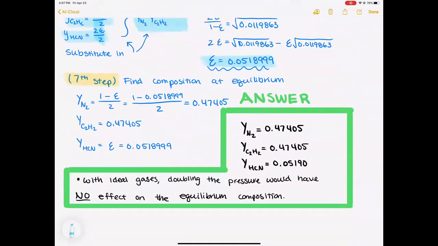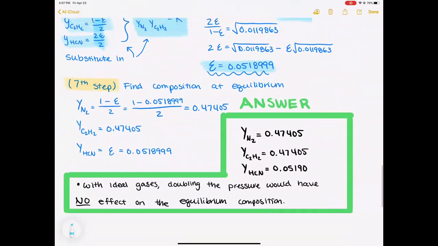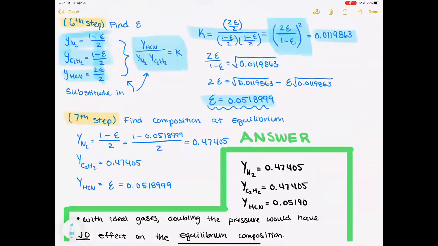And then the final step is to just find the composition. So we use these equations that we used in step 6, and you just plug and chug. You put in the epsilon that you found, so just 1 minus epsilon over 2 for your 2 reactants, and then your product is just epsilon.